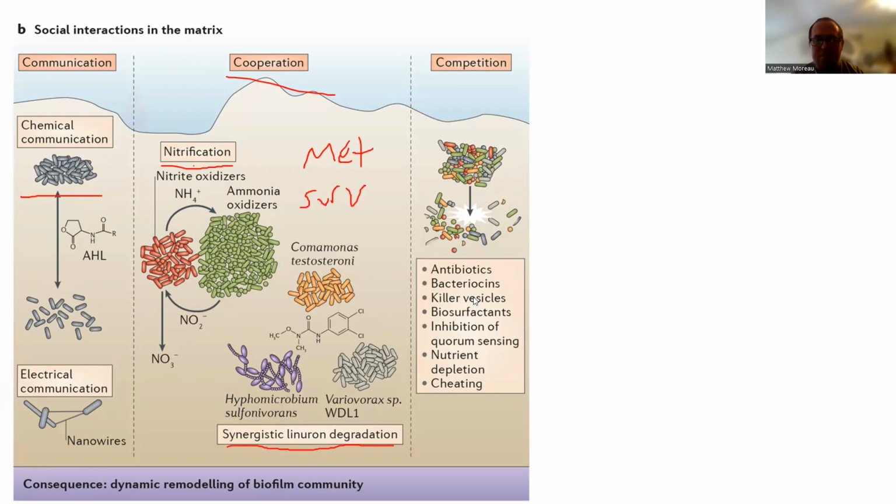And then, again, you're going to have some competition in the biofilm. This is the part of the biofilm that actually makes some sense, but not a lot of sense. Competition is important in the sense that only the strongest survive. If you exist in a multi-species biofilm, you want the strongest bacteria that are going to help you survive, right?